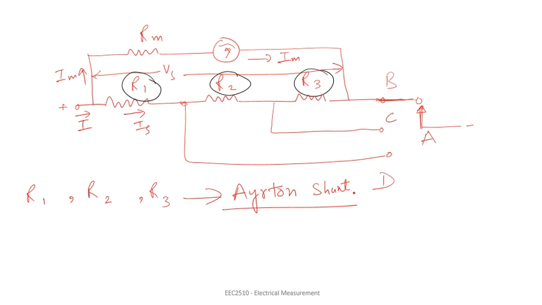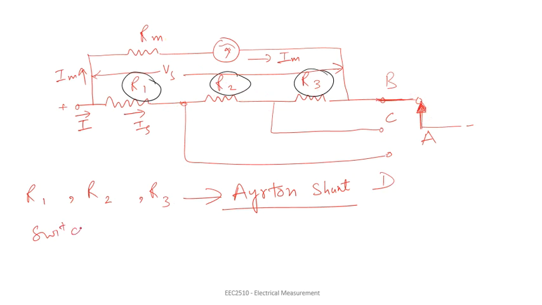Now in this figure, when the switch is at contact B, as shown here, let us suppose this is the switch and it is connected to point B. As soon as the switch is connected at point B, the total resistance in parallel with the instrument is R1 plus R2 plus R3.